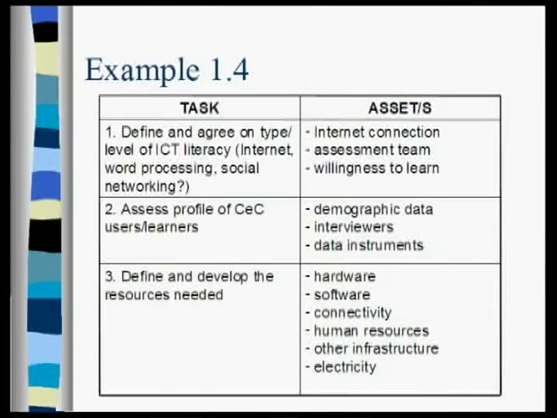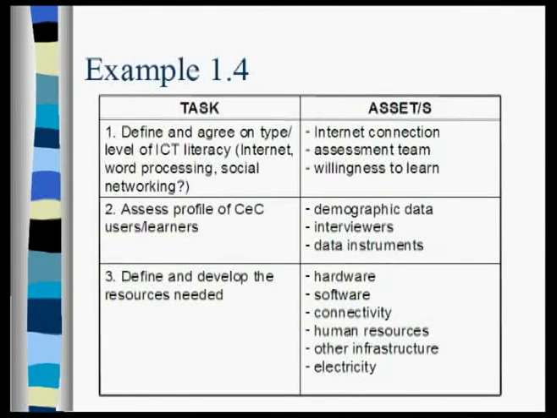So for example, in achieving our objective, I've placed here 3 tasks as an example. The first one would be to define and agree on the type or level of ICT literacy. So what do you exactly mean by ICT literacy? Okay, in the example, does it mean being aware and skilled at using the internet?